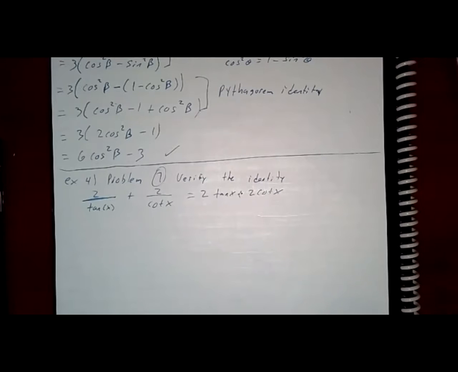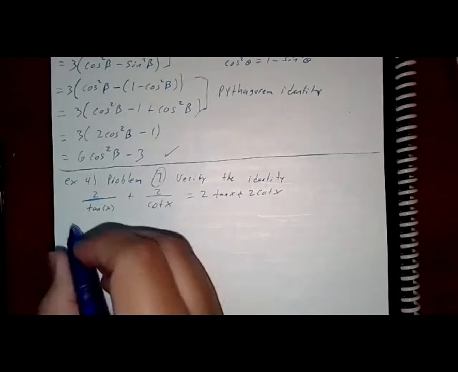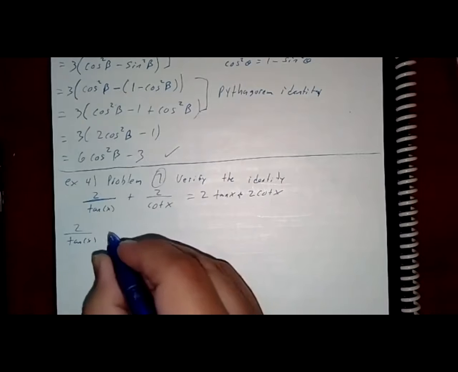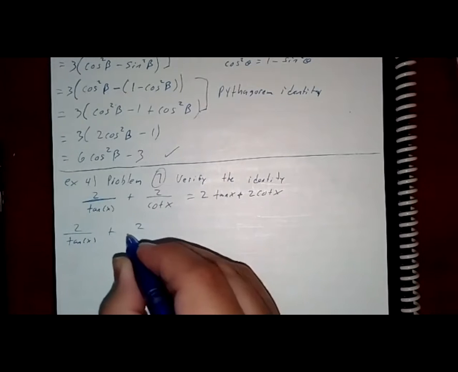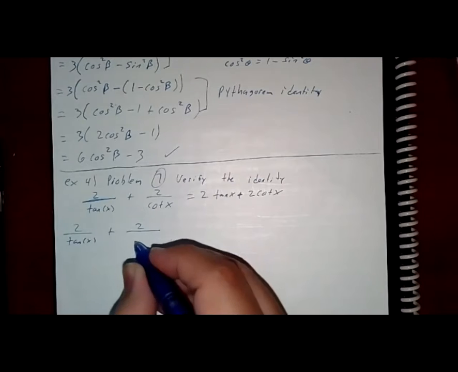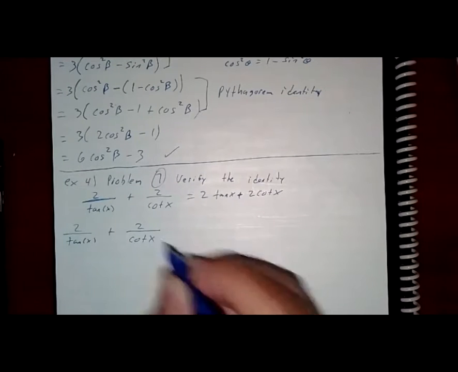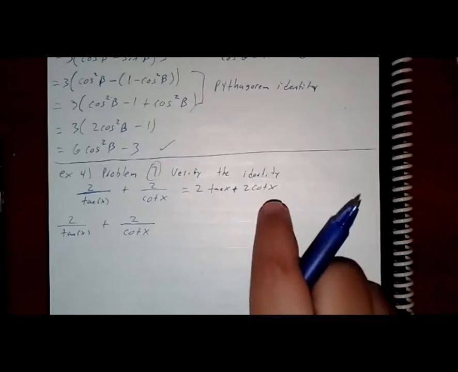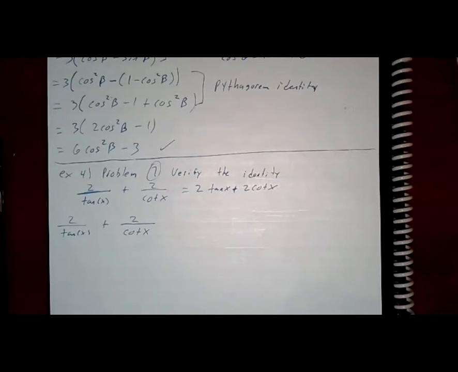Right, so let's start with the left-hand side. Always write down what you're going to start with. Now we got to get to there. There's quite a few different ways we can get there.